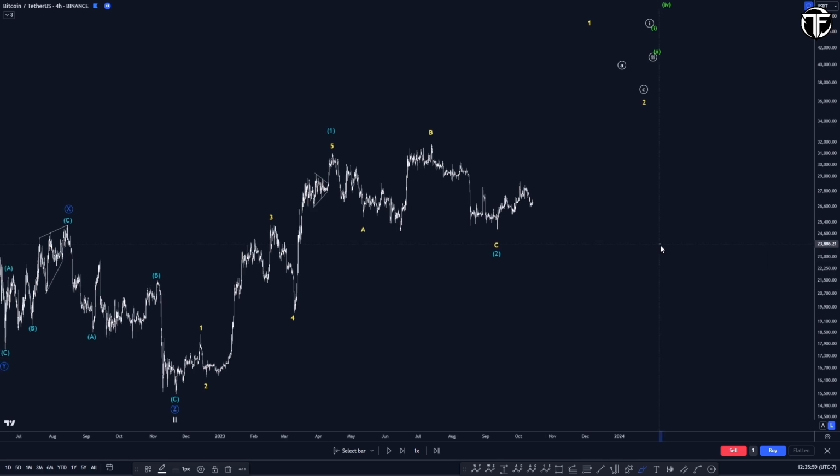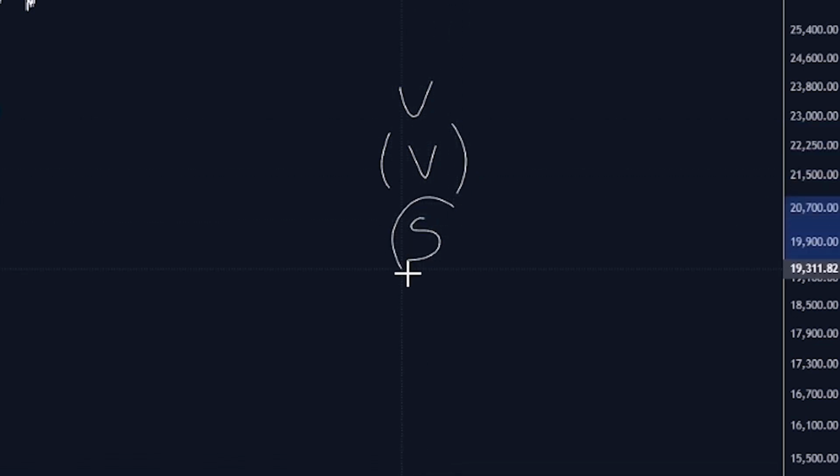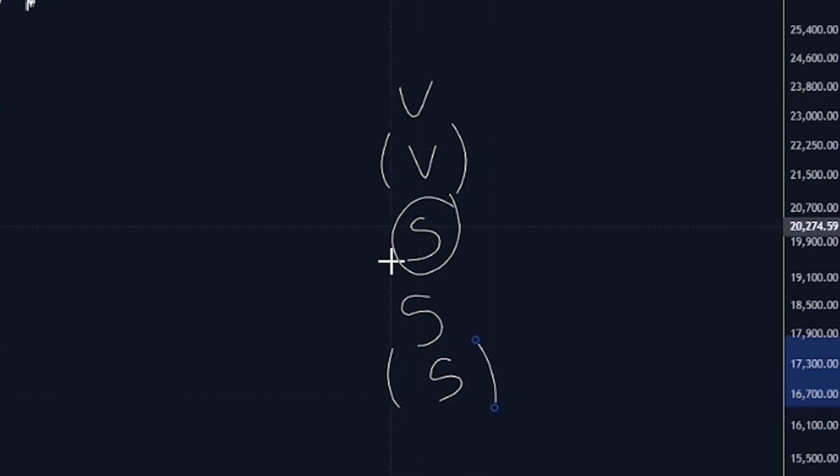So, let's say we have a minuette, and then we have a minuette, and then we have a minute, and then we have a minor, and then we have an intermediate degree. You have all of these degrees lining up from the lower level to the higher level.